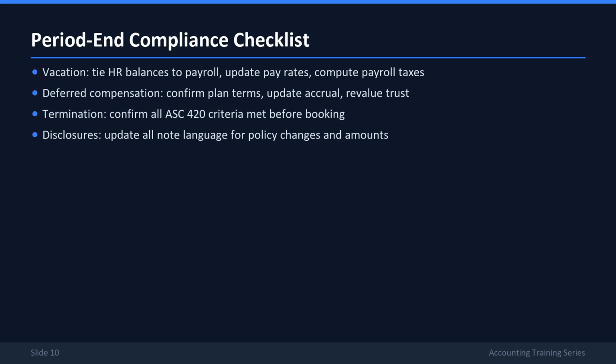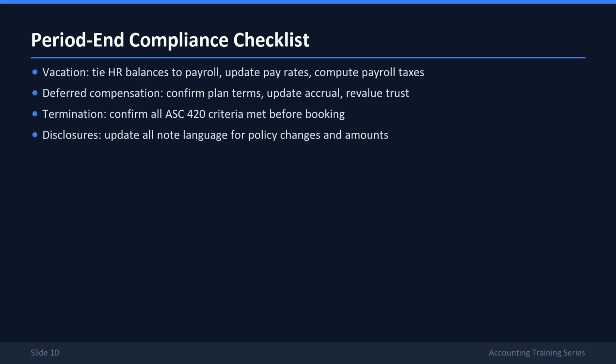A practical period-end compliance checklist covers four areas. For vacation, confirm that HR balances are reconciled to payroll, pay rates reflect the expected settlement rate, and employer payroll taxes are included in the calculation. For deferred compensation, confirm that plan terms have not changed, the current period accrual has been computed correctly, and the rabbi trust fair value is updated.